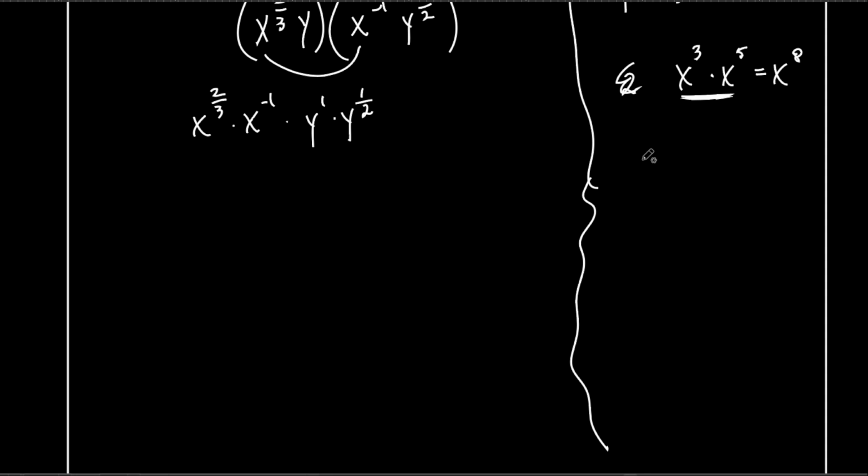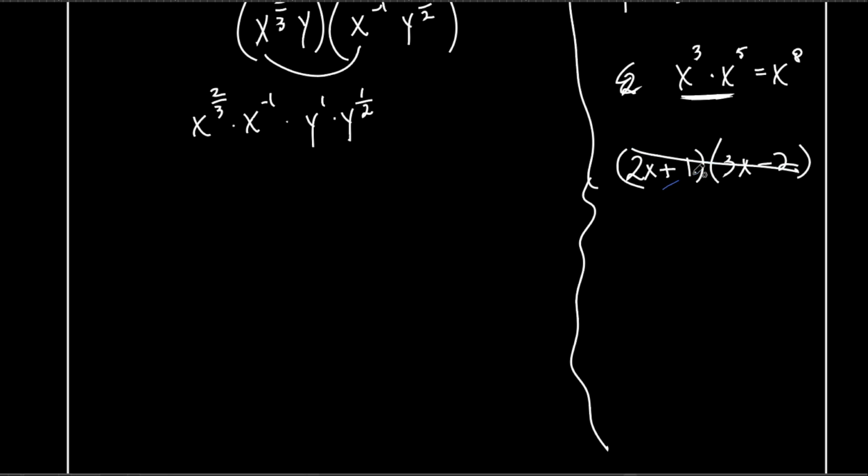FOIL is if I had 2x plus 1 times 3x minus 2. We don't have that situation here. The only thing that's happening here is everything's being multiplied together, okay? The only thing I can combine are the ones that have like terms. It's not really adding like terms, but the only thing I can combine are just the x's, and I combine the y's. That's why I stuck them next to each other here and here. Make sense?